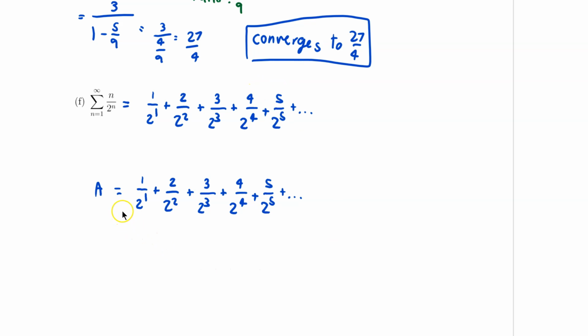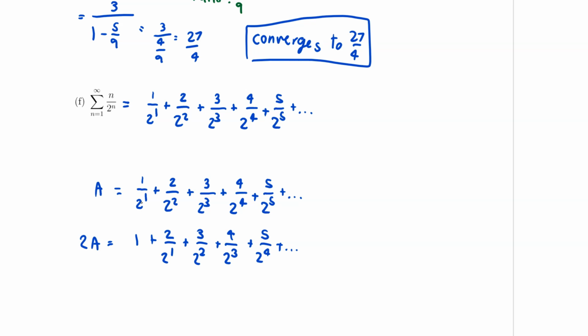So I'm going to multiply all the terms in this series by 2. If I multiply everything by 2, I get 2a equals 1 over 2 to the 1, which is 1/2, times 2, which is just 1, plus 2 over 2 to the 1, plus 3 over 2 to the 2, plus 4 over 2 cubed, plus 5 over 2 to the 4th.